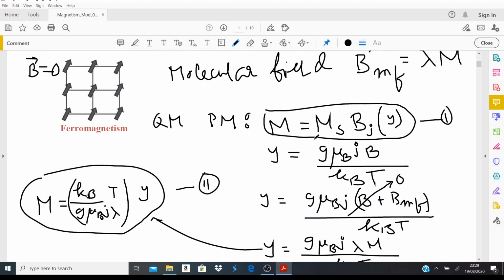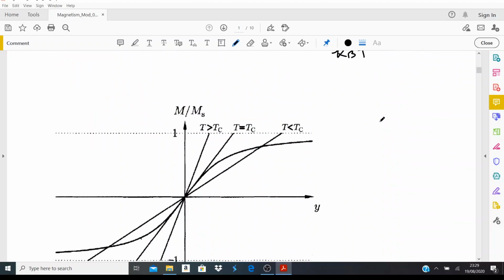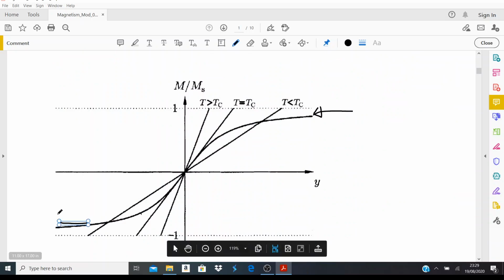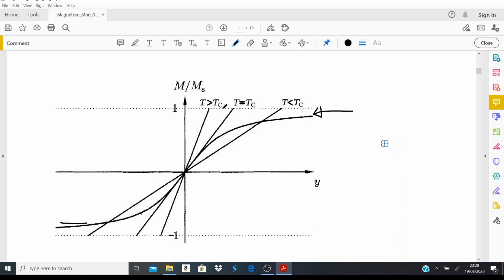And on top of that, I want to plot this curve. So that's our Brillouin function, right? This nonlinear thing. Now you can see that when T is greater than Tc, this curve and the Brillouin function never intersect with each other, right? Because this one has a larger slope, so there is no chance this curve will ever intersect with this nonlinear one.